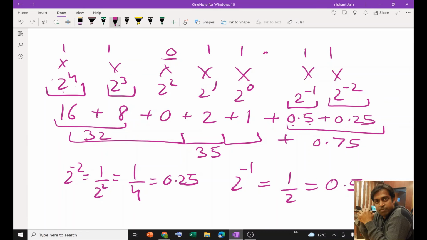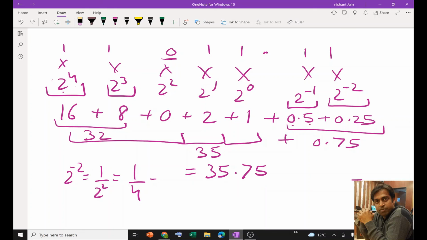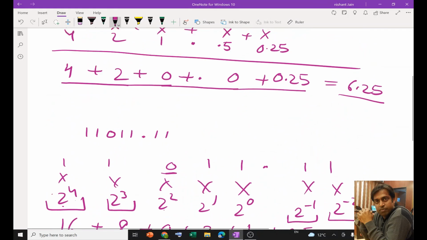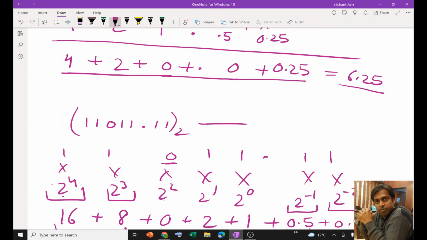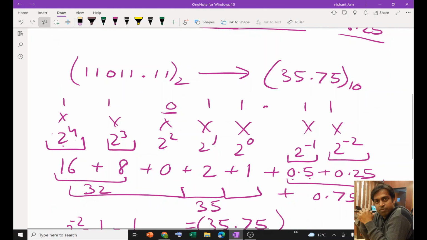Overall, I get the number as 35.75. So this is the decimal number corresponding to this binary number. It is 35.75. This is the way we can convert a binary number into a decimal number.